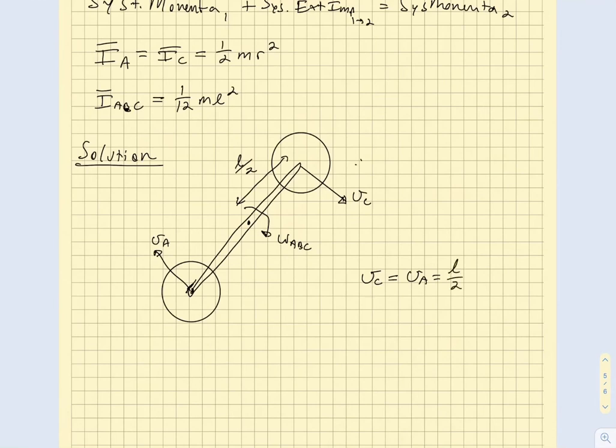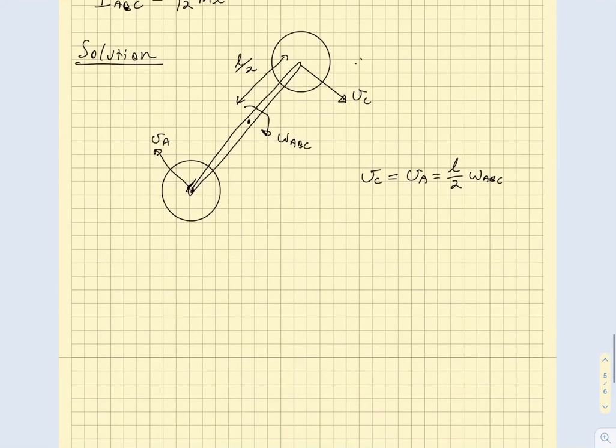So this distance across here is L by 2, and this would be like my VA. So that should just be equal to the total length of BC between the center and the edge there. So we could say L by 2 multiplied by omega ABC.